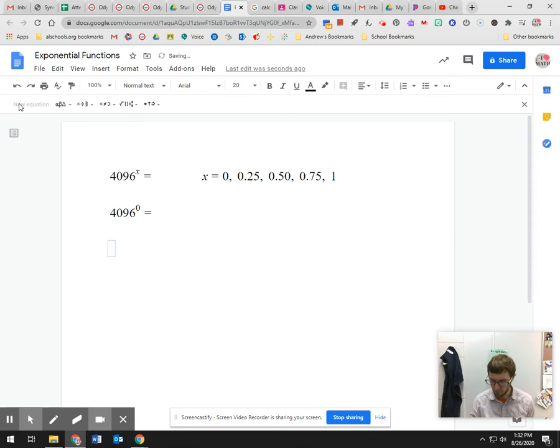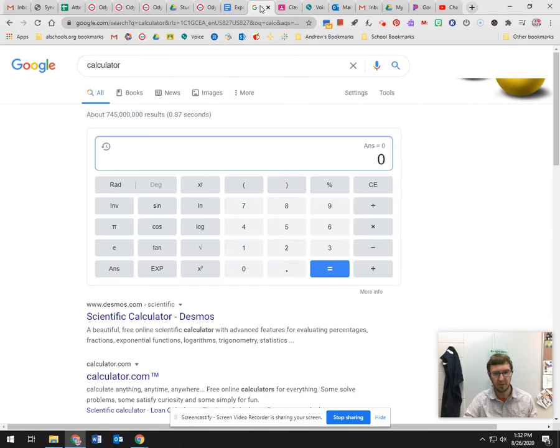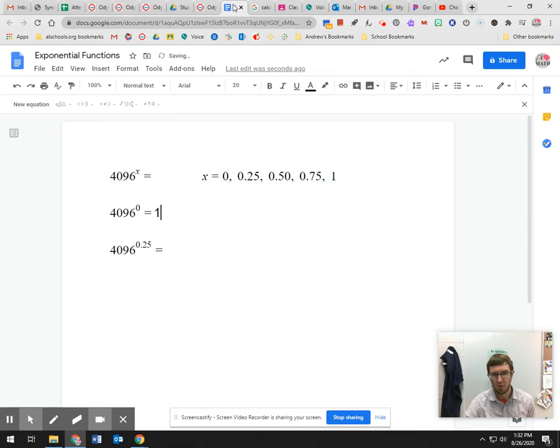Then we're going to look for 4,096 to the power of 0.25 is the next one. And I don't expect you to know these off the top of your head. To the 0, you might know that one, but we've got a calculator. So 4,096 to the power of 0 equals 1. So my first answer, 1.